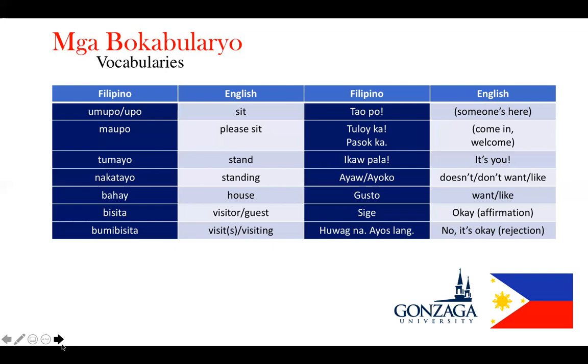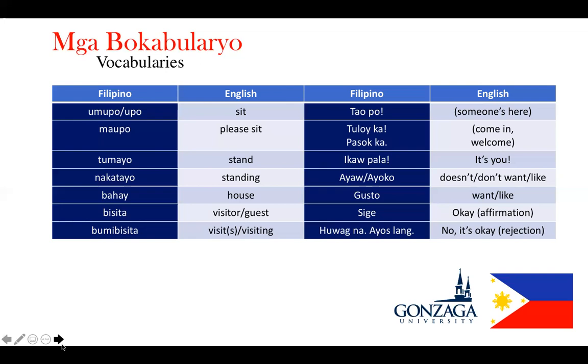And then you're allergic to bibingka. What will be your response? Ayoko. Okay? Or ayaw ko or ayoko. Either is acceptable. Okay? But of course, for you to be polite, because that's an offer, you can use po with it. Ayoko po. Okay?